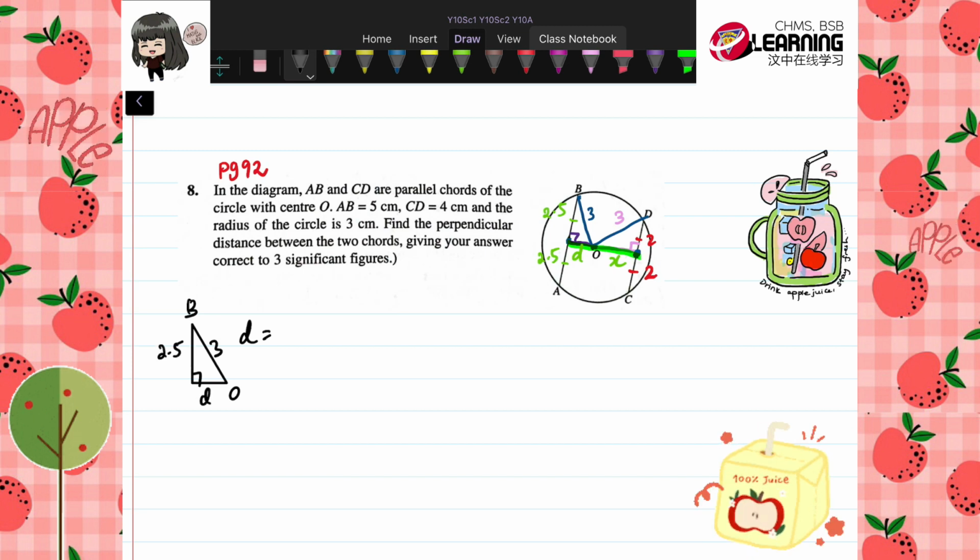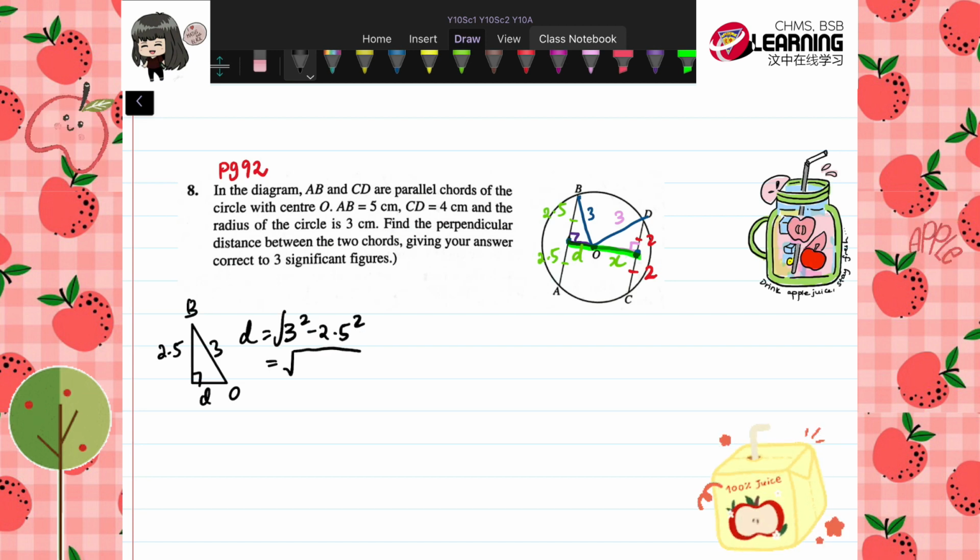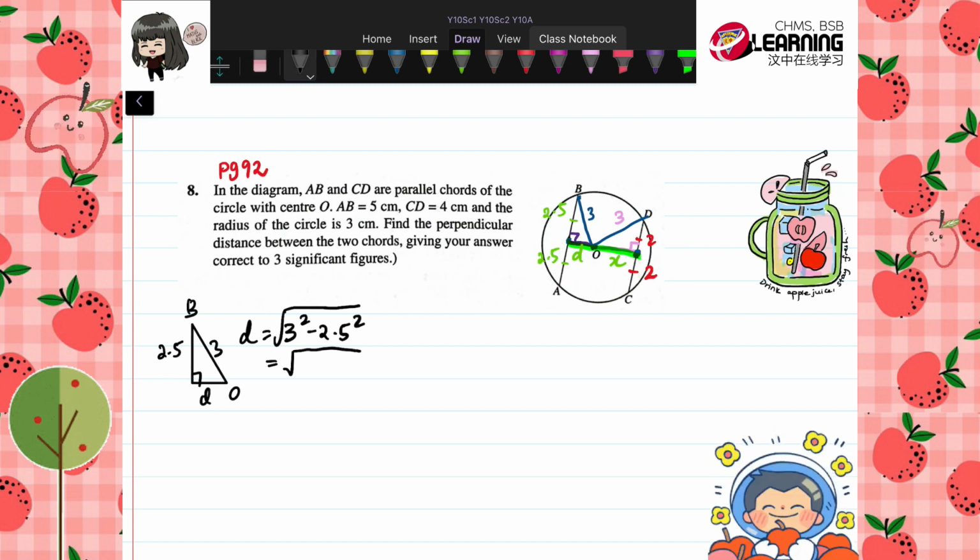So you use Pythagoras' theorem: 3 squared minus 2.5 squared, and then square root. This one you fill in on your own, and then you will get 1.6583, dot dot dot.